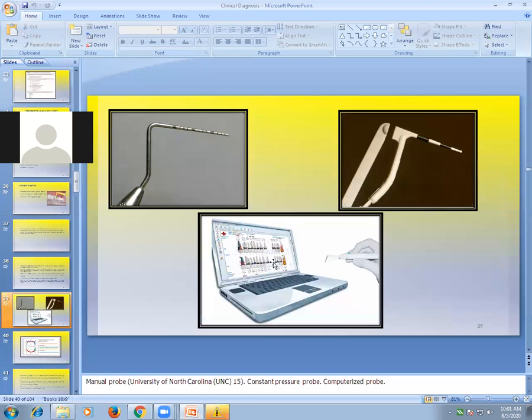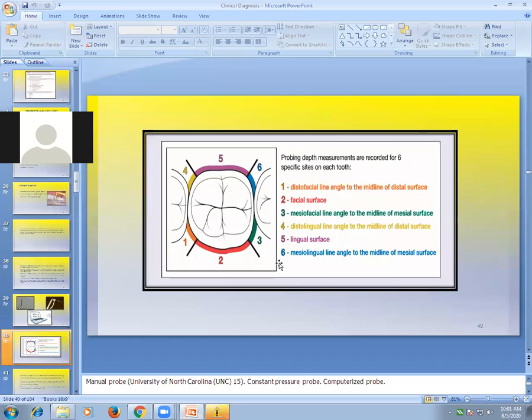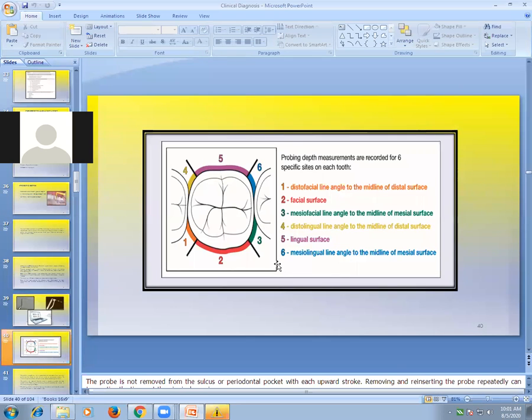So how is probing done? The probe should always be inserted parallel to the long axis of the tooth. It should not be perpendicular. It should be parallel to the long axis of the tooth inside the sulcus. There are 6 different sites where you measure your probing depth. But in your case history proforma, only 4 areas are there: mesial, buccal, lingual, and distal.